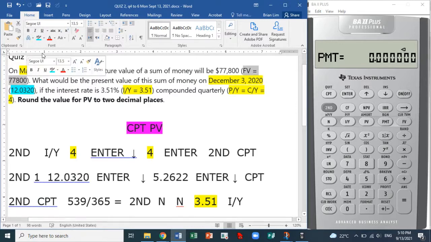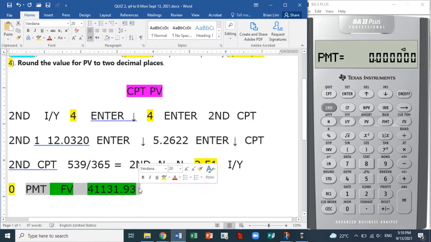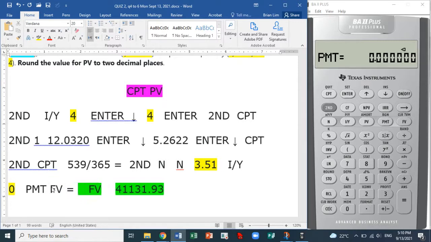It's 77800 right here. So let's go down here, and we're not computing the future value, we are entering it. Oops, sorry, we're getting some problems. We don't enter it like that. Is it 77800?